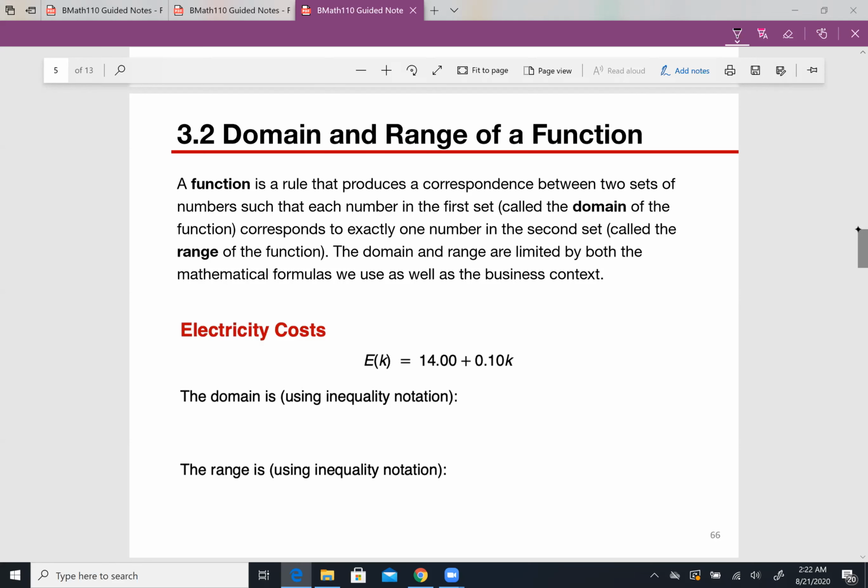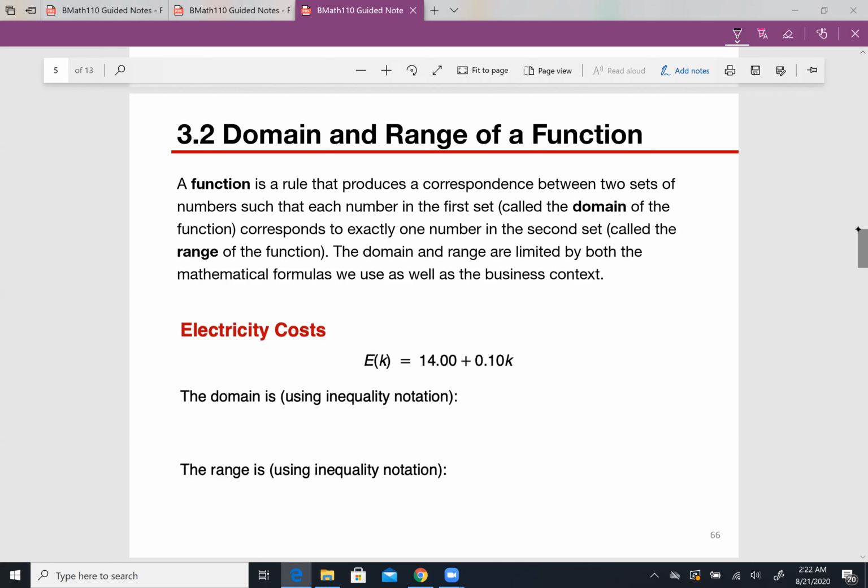Okay, so in this section, we're going to talk about the domain and range of a function. A function is a rule that produces a correspondence between two sets of numbers, such that each number in the first set, called the domain of the function, corresponds to exactly one number in the second set, called the range of the function. The domain and range are limited by both the mathematical formula we use as well as the business context.